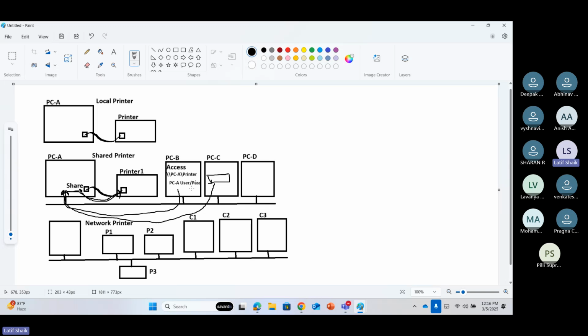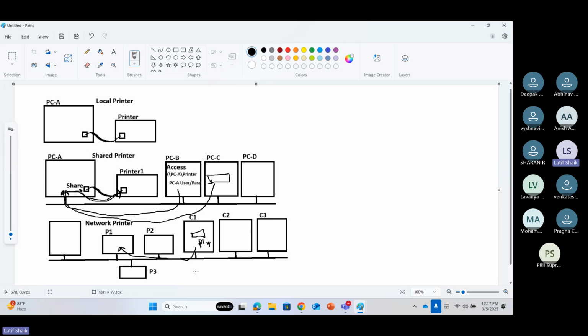Earlier you should know how to access this PC's IP address, then only you could give a print. But if I know the P1 printer's IP address, then I can give a print directly to the P1 printer with the P1 printer IP address. The print will go and I get it from the printer itself. So no intervention of a separate system here.